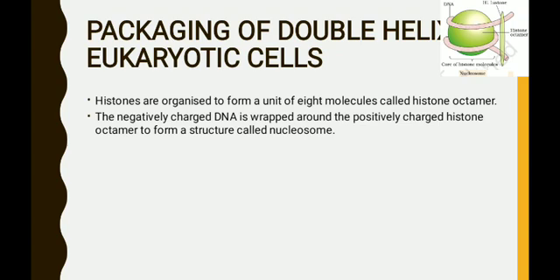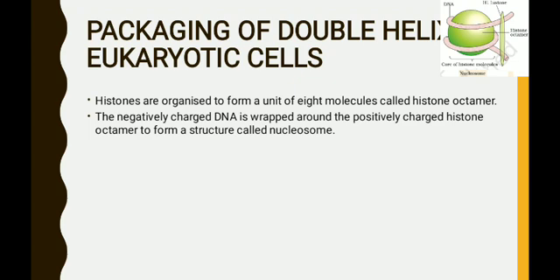The negatively charged DNA is wrapped. Wrapped means coiled. See, just observe the diagram. Around the histone octamer, the DNA is coiled. The negatively charged DNA is wrapped around the positively charged histone octamer to form a structure called nucleosome.